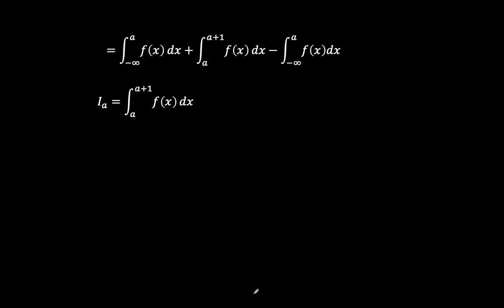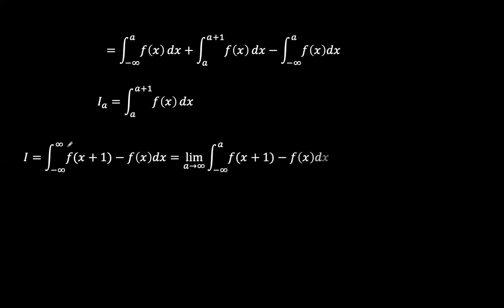But notice our original integral I is the limit of a tending to infinity of I_a. I being equal to the integral from x equals negative infinity to positive infinity of f(x+1) minus f(x) is the same as the limit of a tending to infinity of the integral from negative infinity to a of f(x+1) minus f(x).